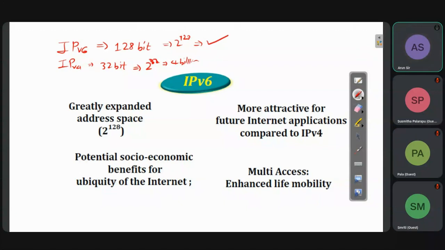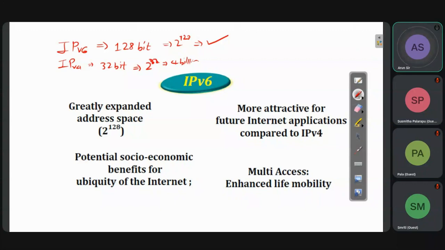Why is it required? Because nowadays the internet has evolved so much that every house, every corporation, every organization needs plenty of IP addresses, and fulfilling those requirements with IPv4 is very difficult. That is why people are moving on to IPv6.